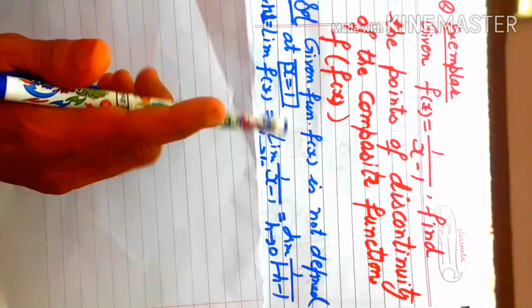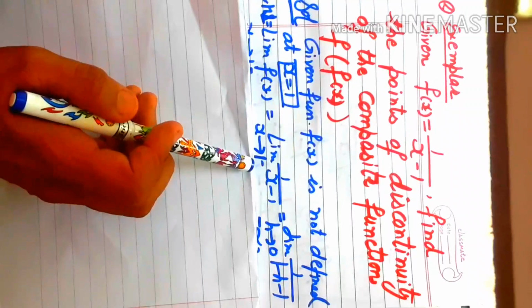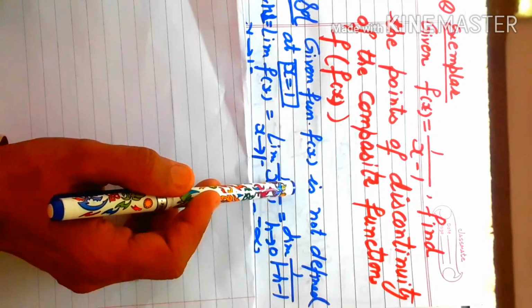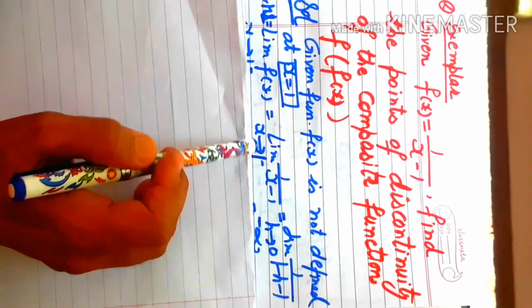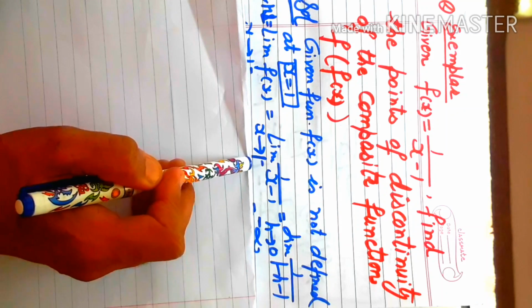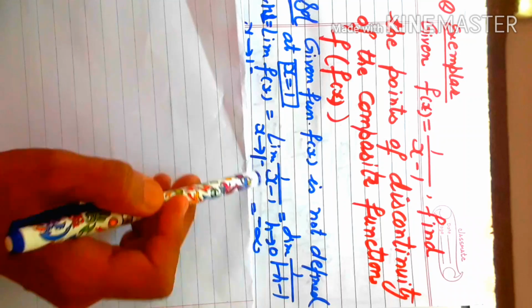So let's find out the left hand limit as x approaches 1 from the left side. This is the limit of 1 by x minus 1 as x goes to 1 negative, means x is a bit smaller than 1. So just replace x with 1 minus h.